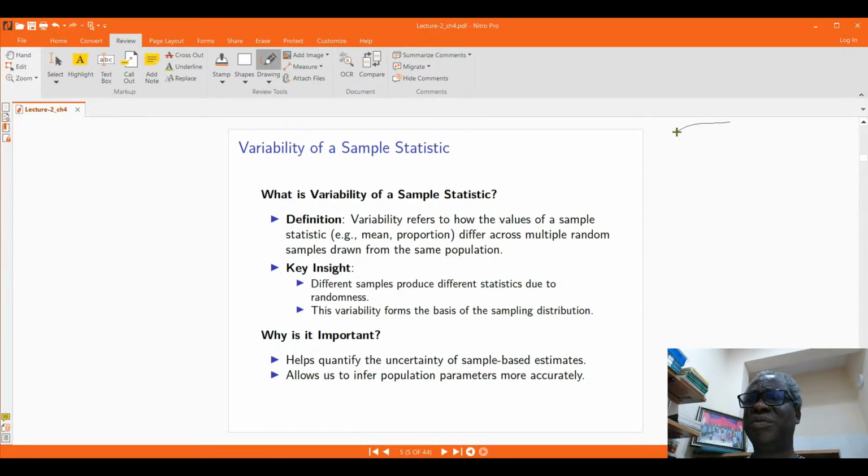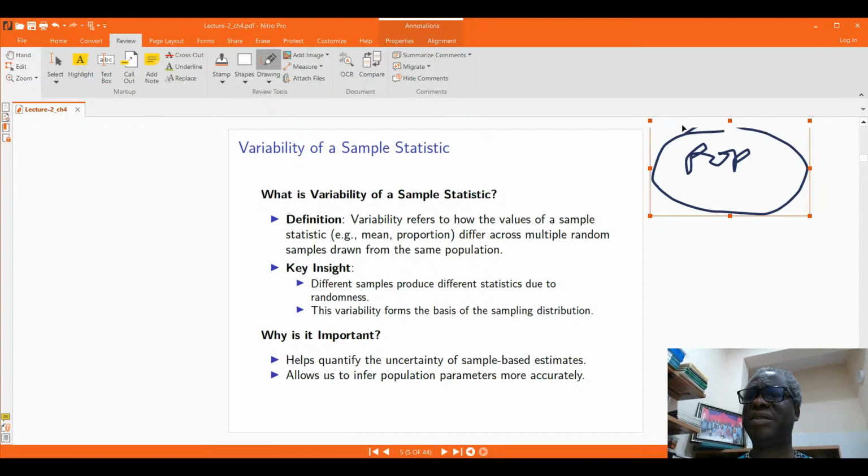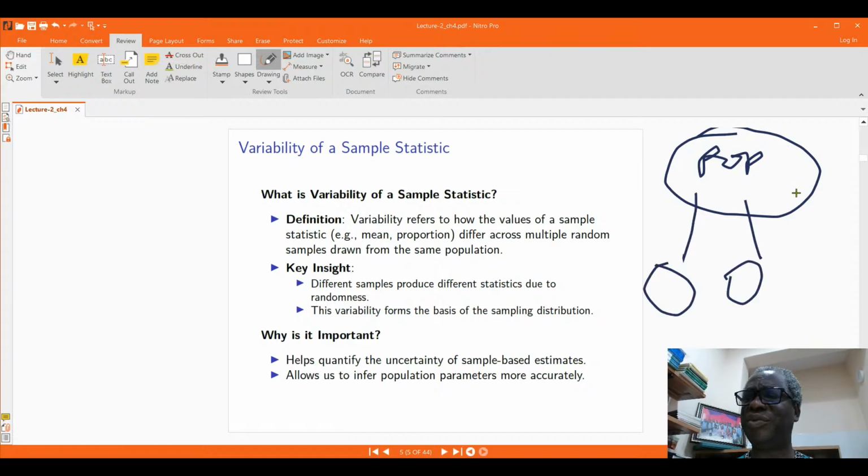So we are looking at a population, and from this population, different samples are drawn. So this may be one sample, this may be another sample, this may be another sample. Say sample 1, sample 2, sample 3.